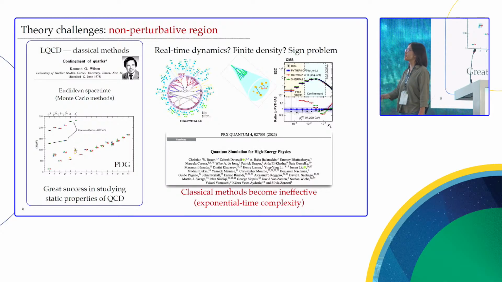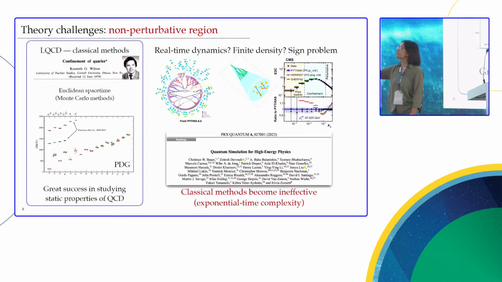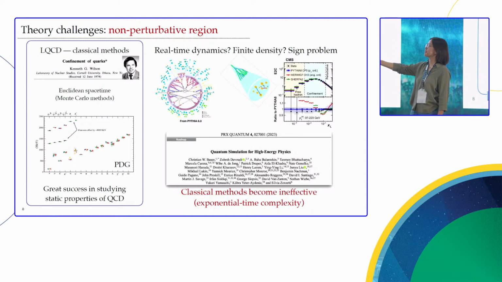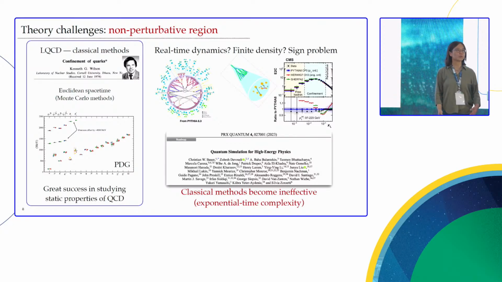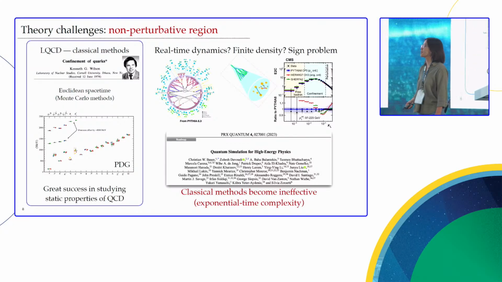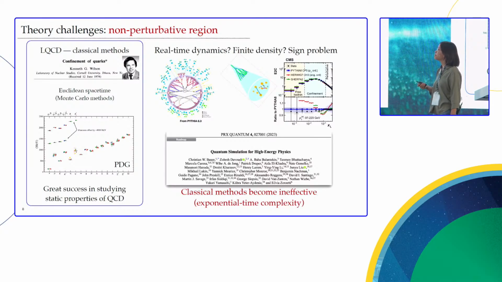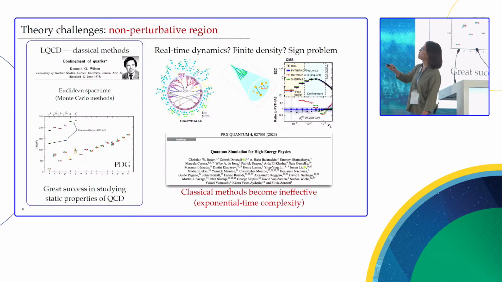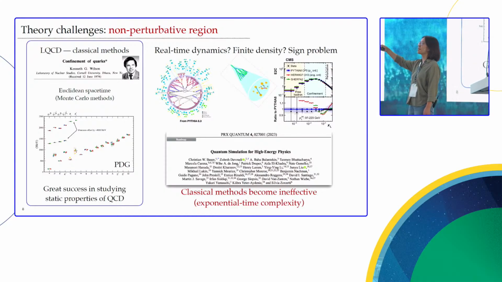It does the calculation with a classical method, going to Euclidean spacetime, where we can do the Monte Carlo method. After 50 years of development, it has achieved great success in studying the static properties of QCD, which you will see more of in tomorrow's talk by Andrea. However, as we care specifically about colliders, we know there are a lot of real-time dynamics at colliders.